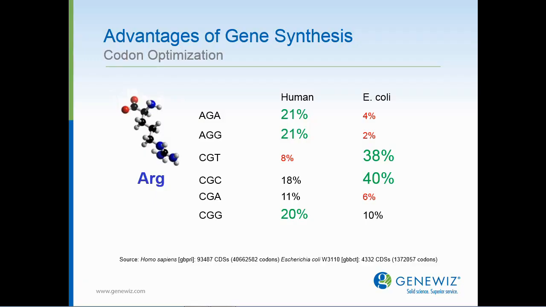Let's use the example shown here of the arginine amino acid. There are 6 different codons that can code for this one amino acid. A quick comparison of the codon distribution between humans and E. coli shows conflicting codon preference. That is, codons most frequently used in a human system are actually those most rarely used in an E. coli system.